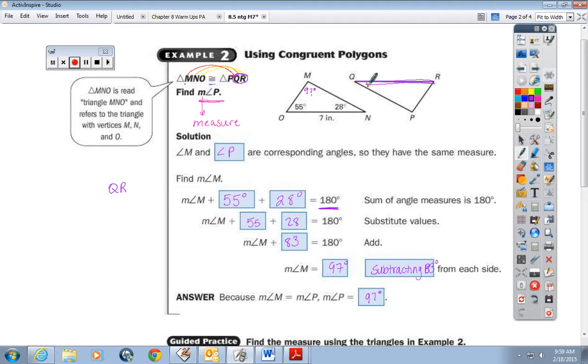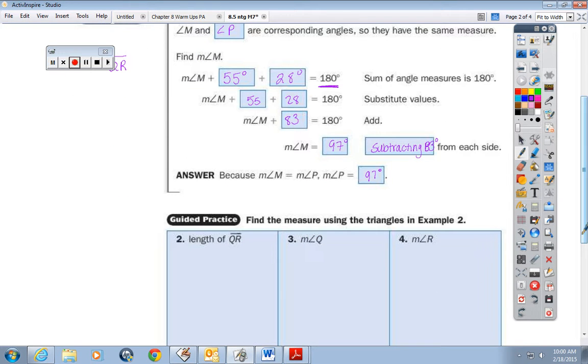What letters does it match over here? So if you have QR here, they match NO here. So I'm going to go look at this triangle right here, NO. Do I know the measure of NO? Yes, it is 7. So guess what the length of QR is? It's also going to be, and they tell us, it's 7 inches.